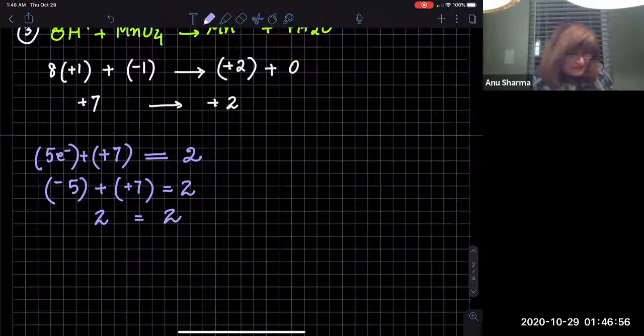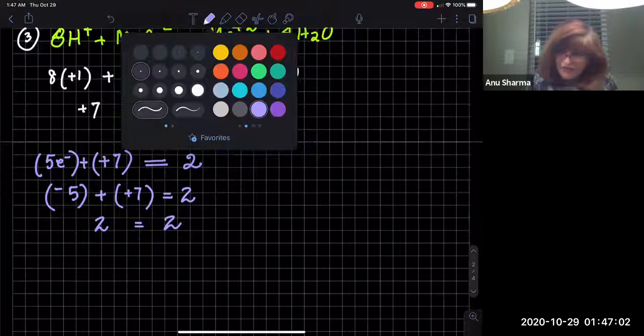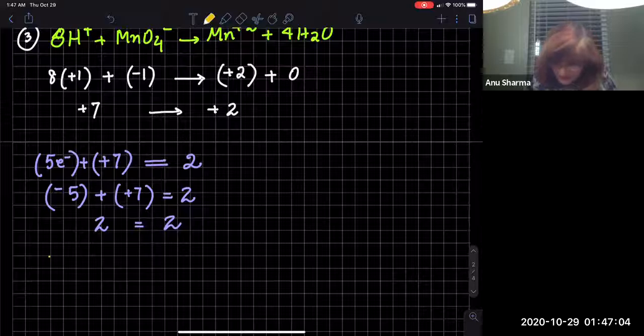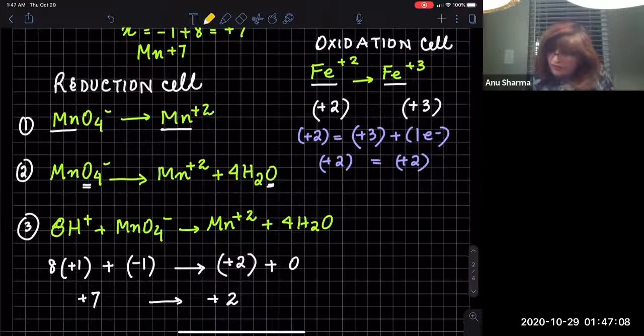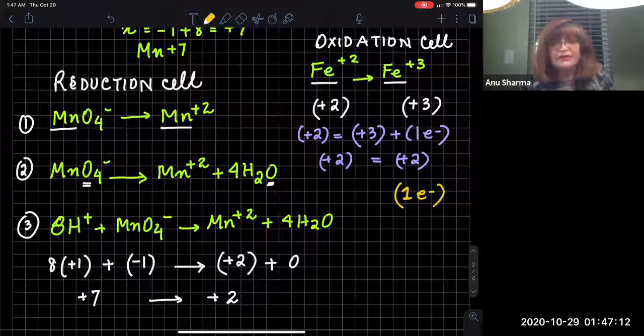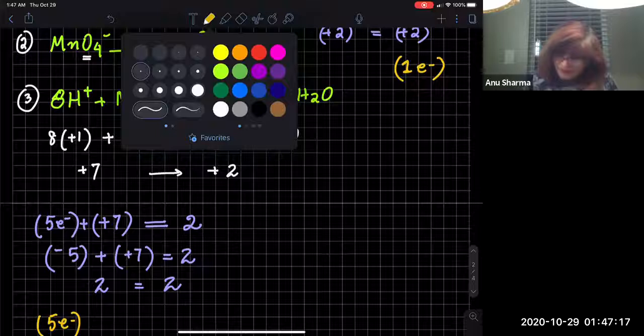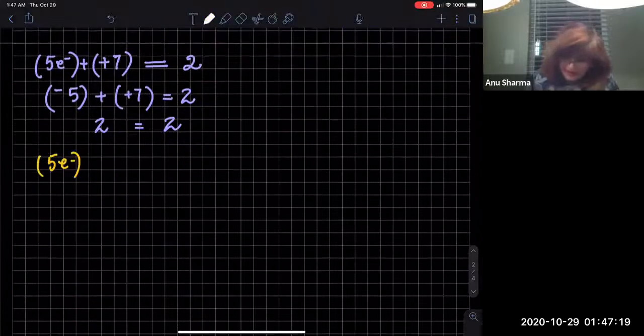All right, next you're going to make the number of electrons the same. Now pay attention. You had added 5 electrons here, and only 1 electron was added here. So we need to balance the electrons now. Let's write this equation again with what we have so far.